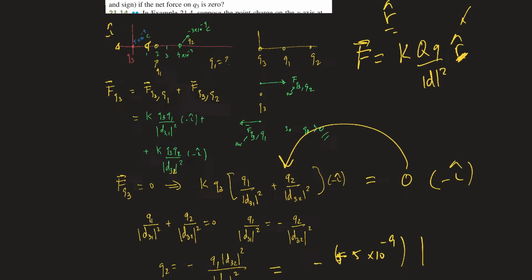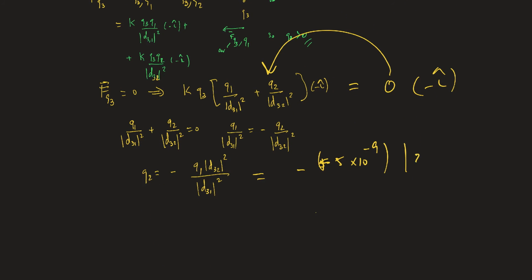It was 2 centimeters, 2 by 10 to the minus 2, squared, divided by the distance between 3 and 2, 4 by 10 to the minus 2, squared. And in doing this, you will find plus 5. You will find the magnitude of Q2. You do it. Q2 equals, you do it.